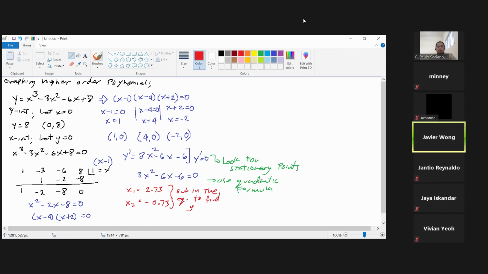Y1 would be negative 0.0213. Not in y prime, substitute in y, the original.